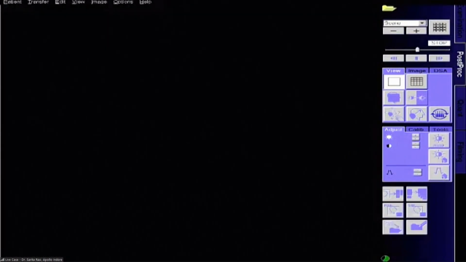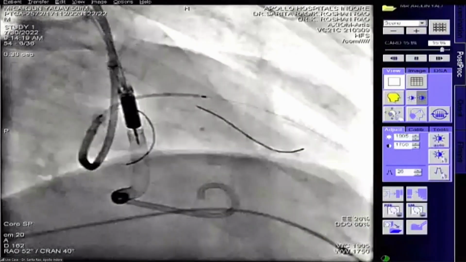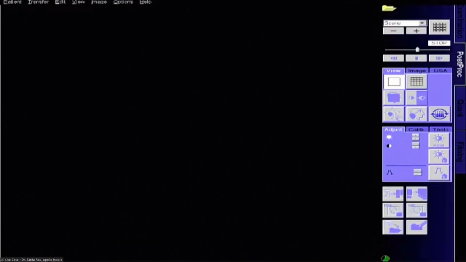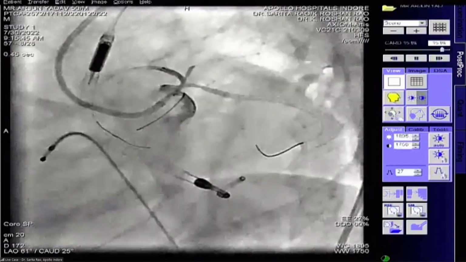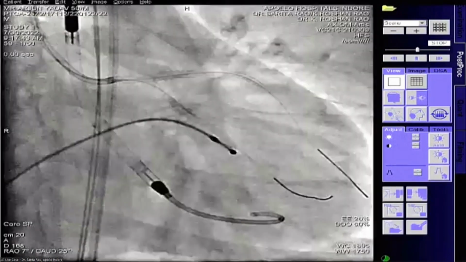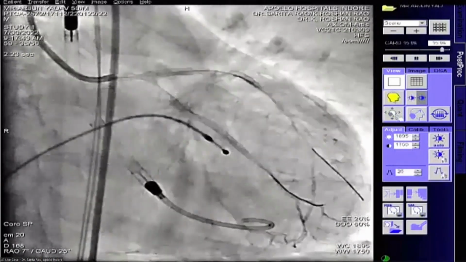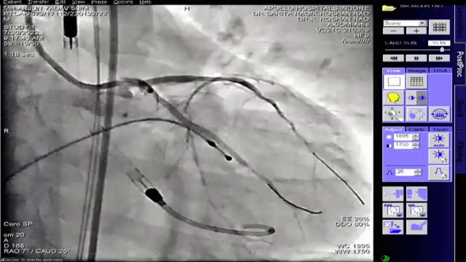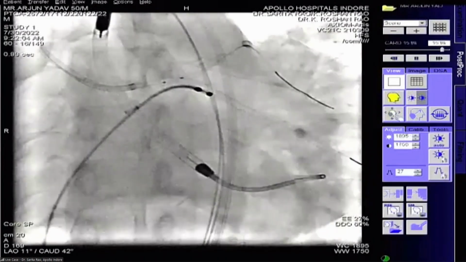Next, please. Just go next till after we deployed the stent. Yes, so this is the point at which we stopped. Next, please. That's correct. Recrossed into the circumflex.